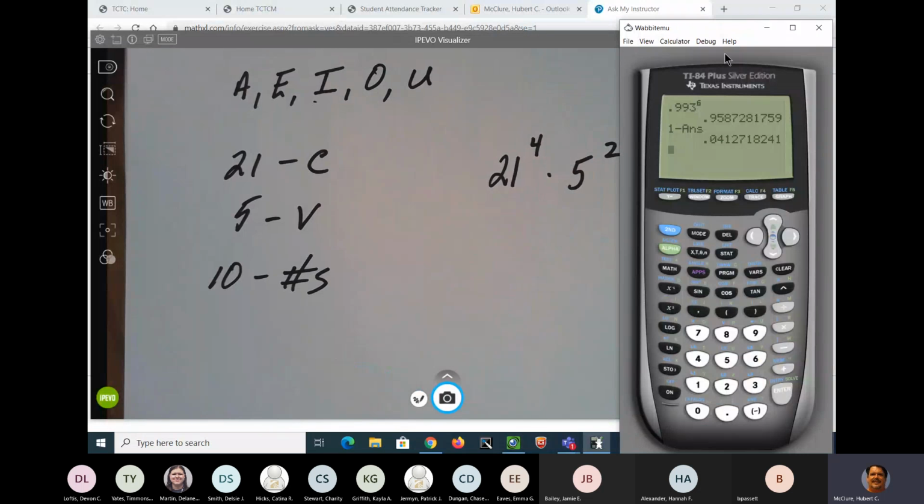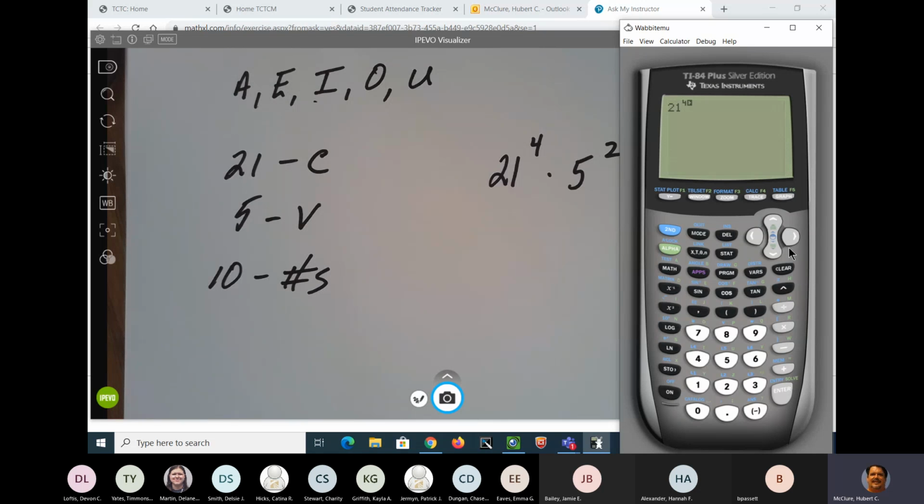And that's going to be 21 to the 4th, times 5 to the 2nd, times 10 to the first. I hate this calculator sometimes. It deletes when it wants to. If it wants to delete before, it deletes before.